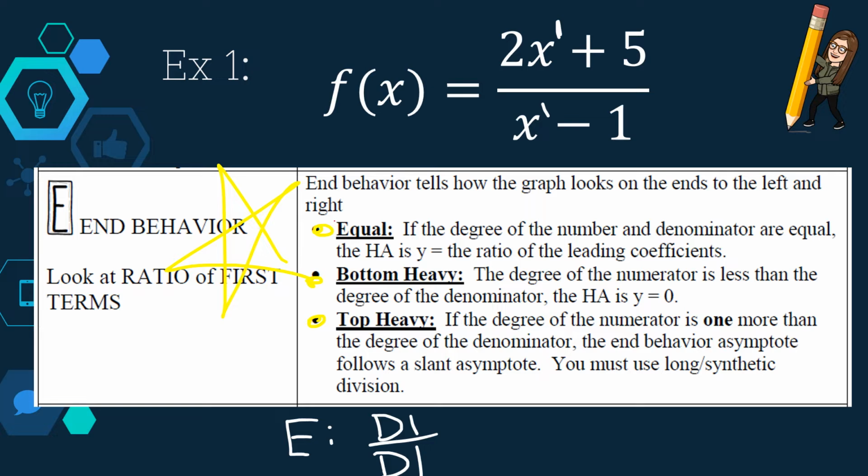If they are equal, then you take the ratio of the leading coefficients. The leading coefficients are a 2 and a 1. 2 over 1 is 2. My end behavior is set by the horizontal asymptote of y equals 2.